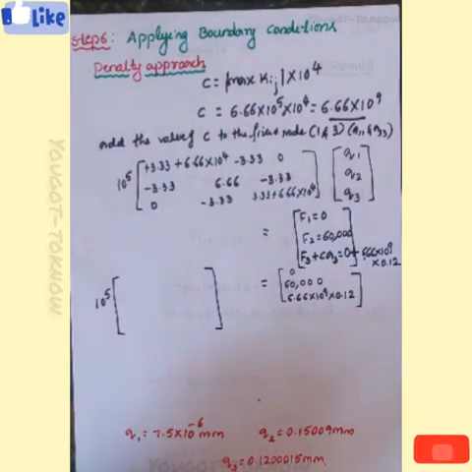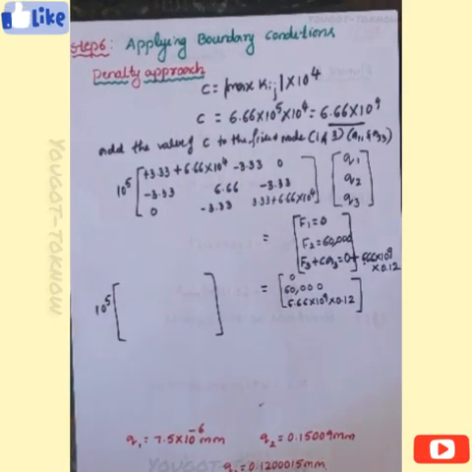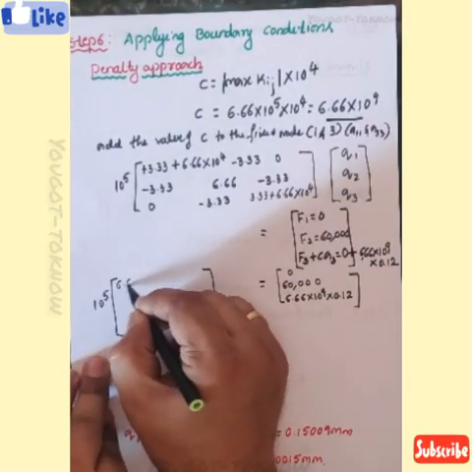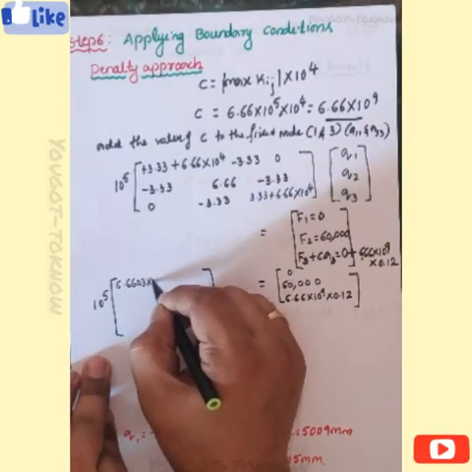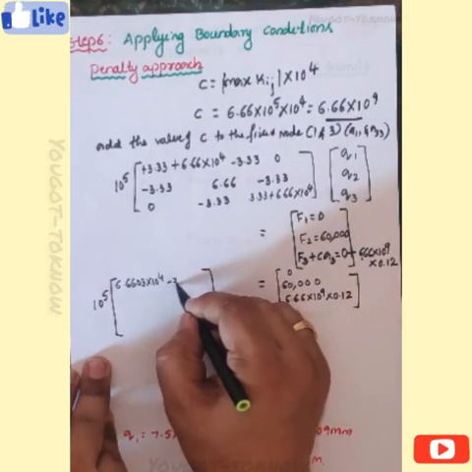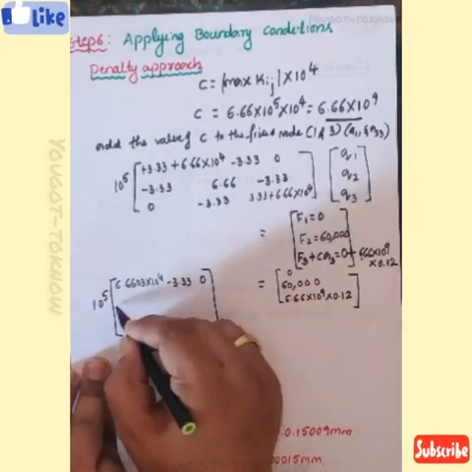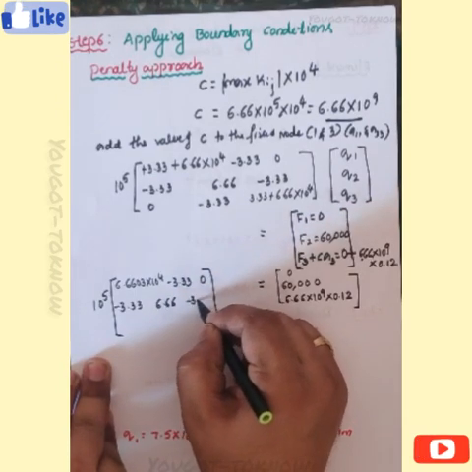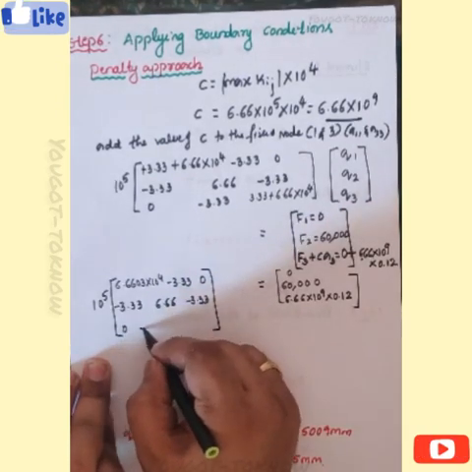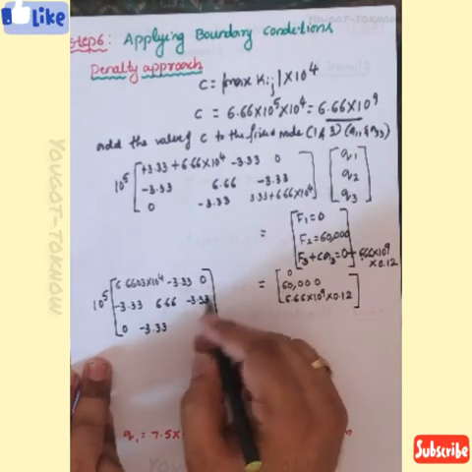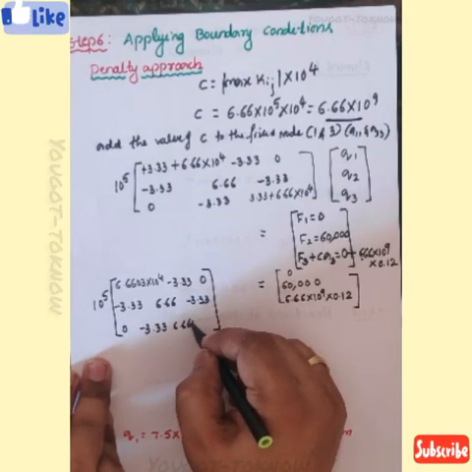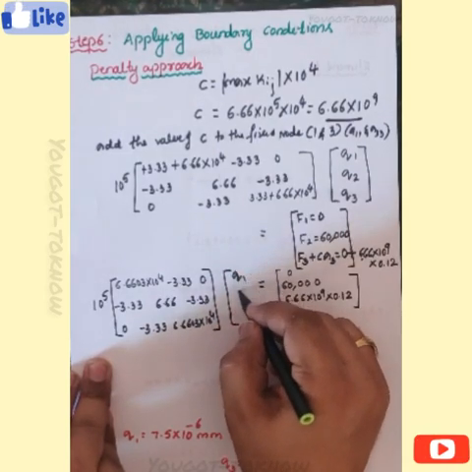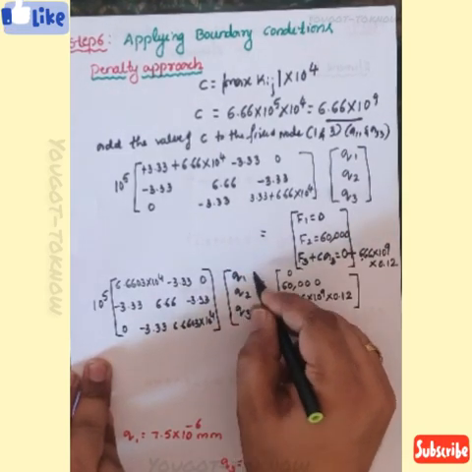What is the answer you are going to get? 6.6603 into 10 power 4, minus 3.33, 0; minus 3.33, 6.66, minus 3.33; 0, minus 3.33, 6.6603 into 10 power 4, into Q1, Q2 and Q3.